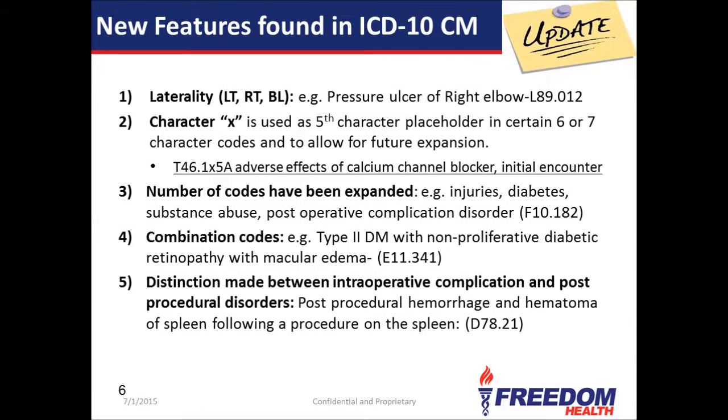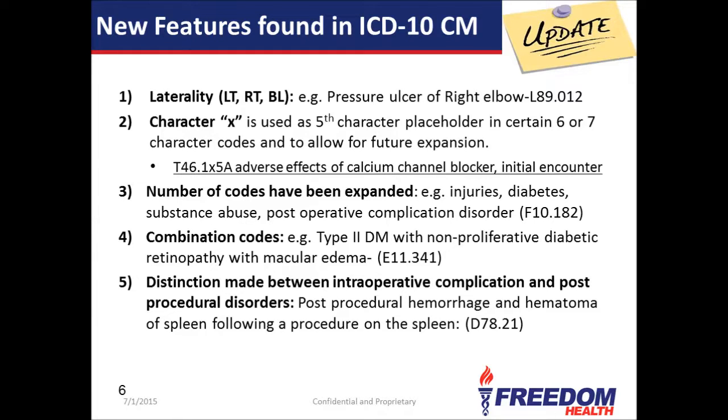Our next slide is slide number 6. These are some of the new features found in ICD-10. I'm just going to speak to 2 of them. Laterality. So that's important when there's an injury. And I'm going to talk to character X. There are times when the code that the illness that you're coding does not have a 5th character for any one of a number of reasons, but it does have the 6th character.